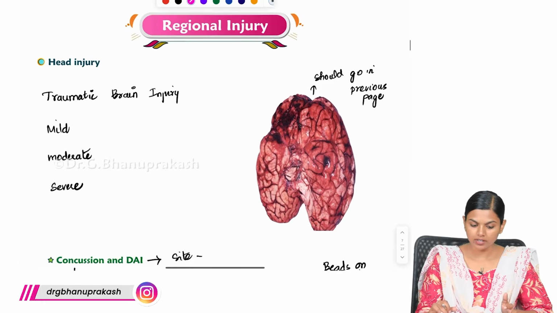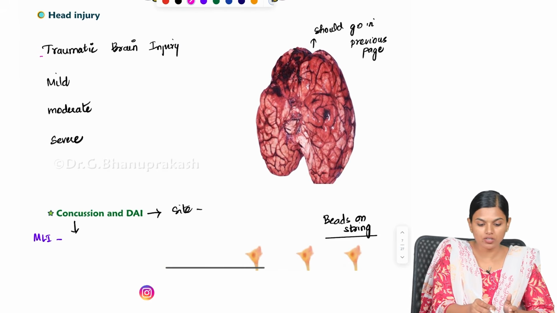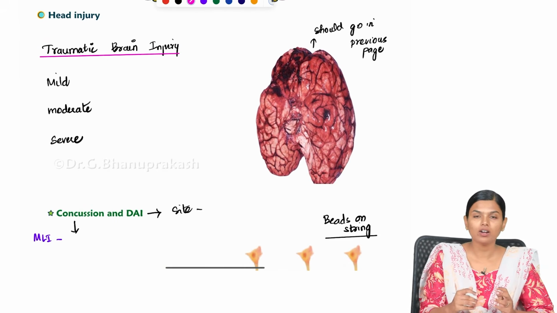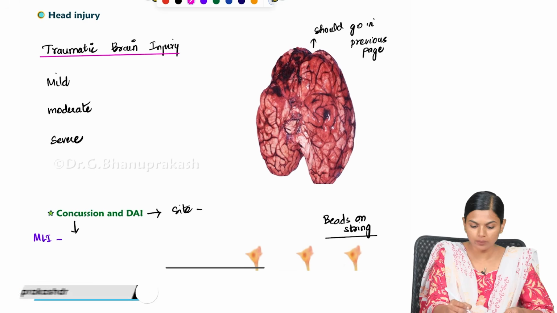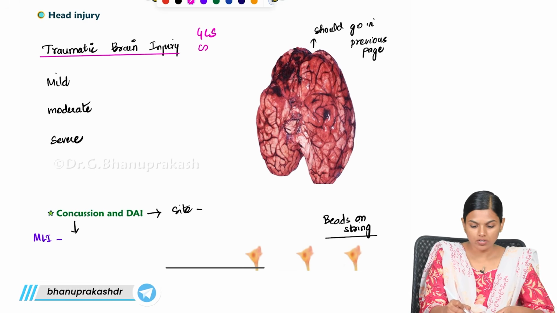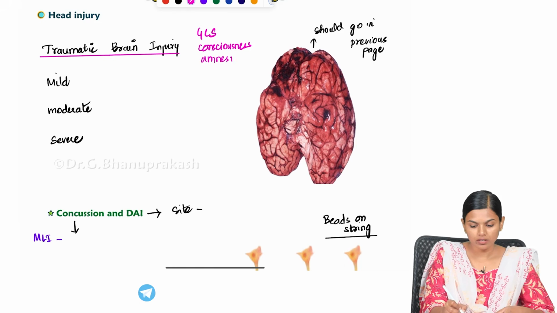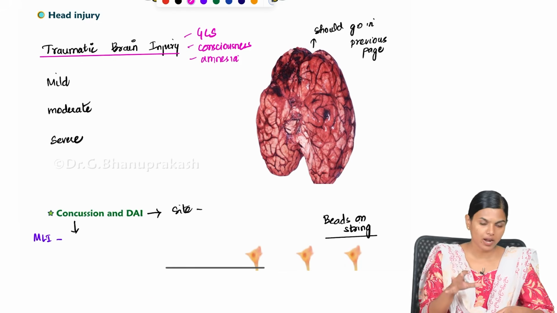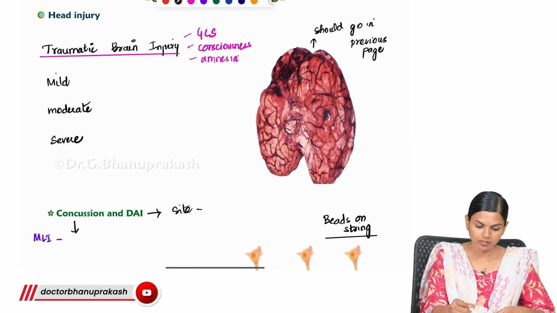Next to that is classification. How are we classifying this traumatic brain injury? Based upon the Glasgow Coma Scale and consciousness, whether there was any loss of consciousness or not, or presence of amnesia or not. Based upon these three things, we classify this traumatic brain injury into mild, moderate and severe.